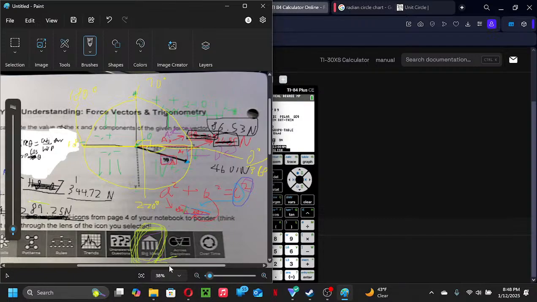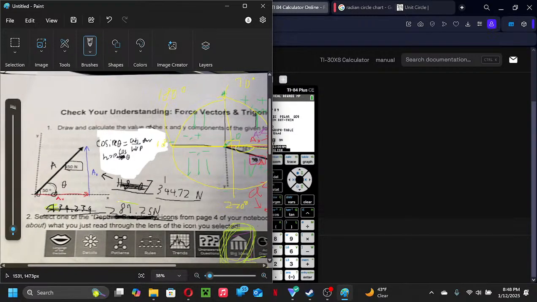Here, graph 1, the correct answer for y is 344.72. X is equal to 289.25.